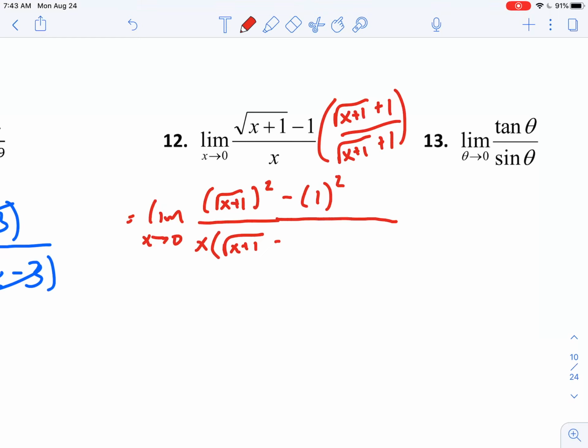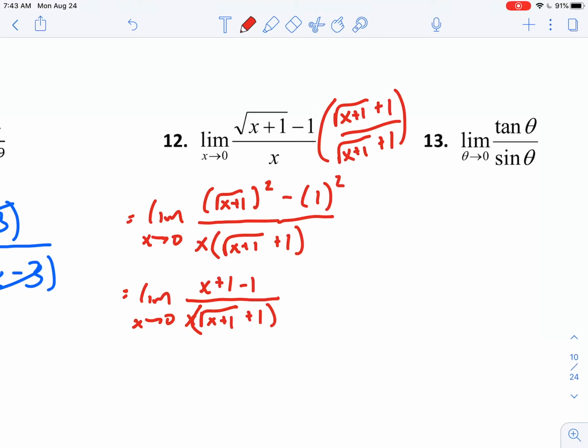I'll show you why you actually just don't have to. Makes your life a little easier. And I can go ahead and clean this up a little bit. I have the limit as x approaches 0 of x plus 1, the square root of x plus 1 squared is x plus 1 minus 1 over x times the square root of x plus 1 plus 1.